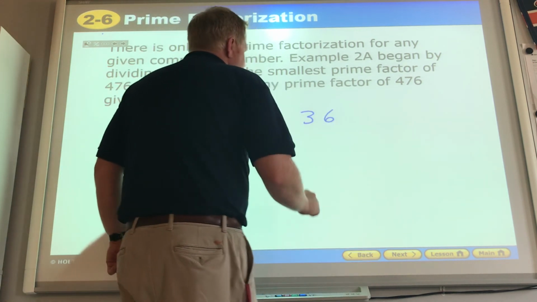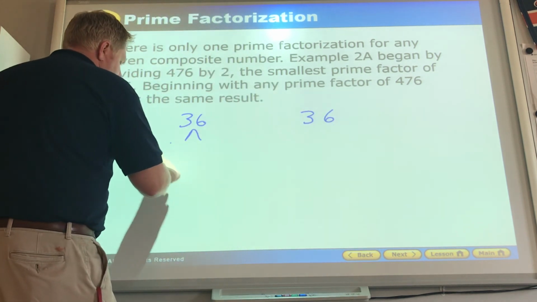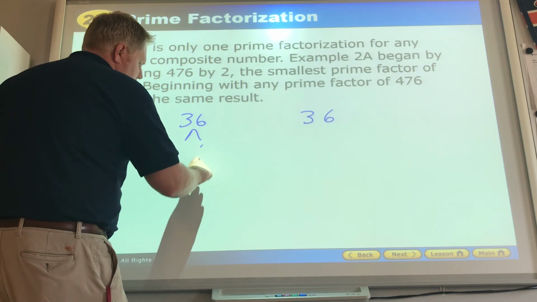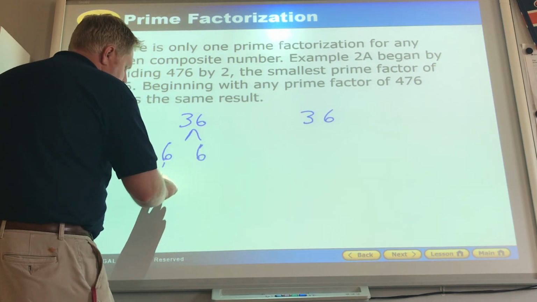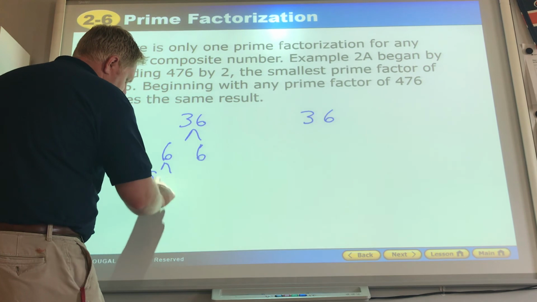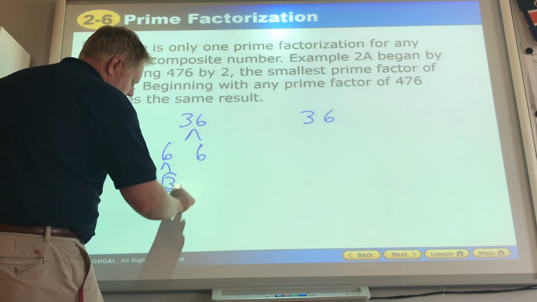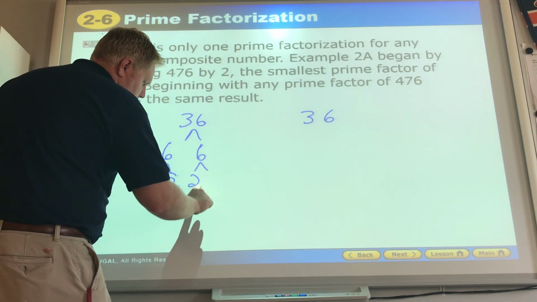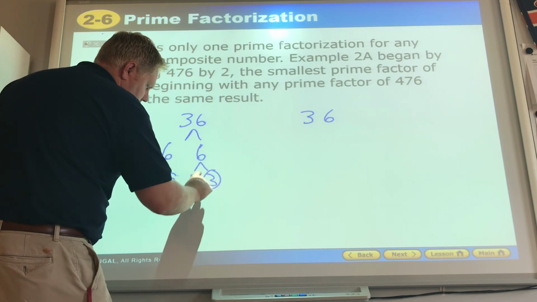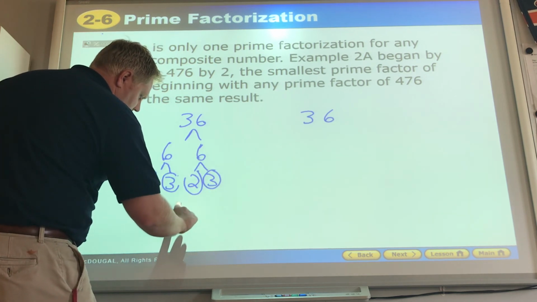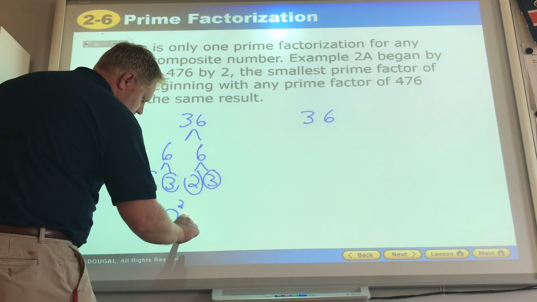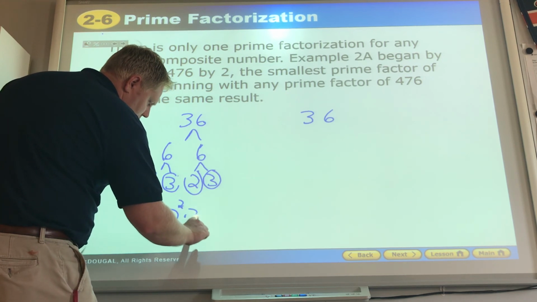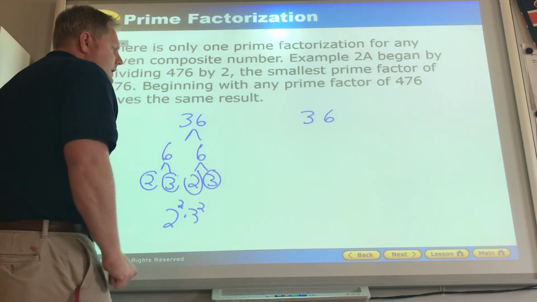36. I could go 6 and 6 like I did prior. Then you get 2, prime number, 3, prime number, 2, 3. You get 2 squared times 3 squared. Okay?